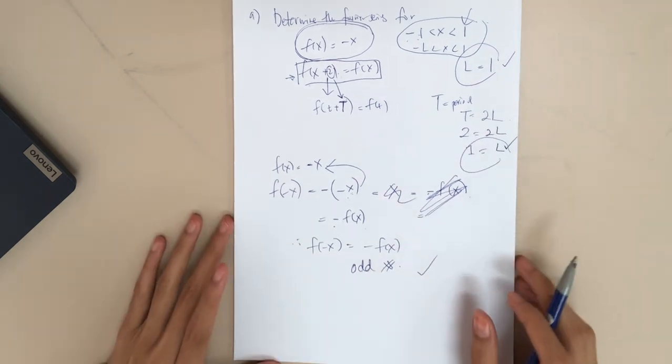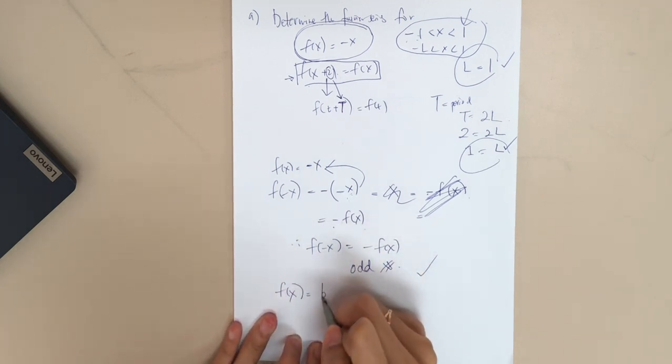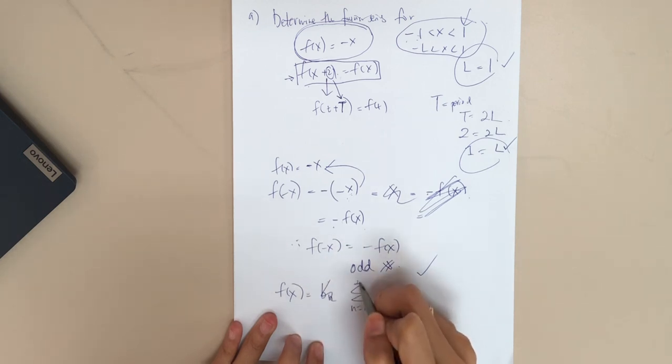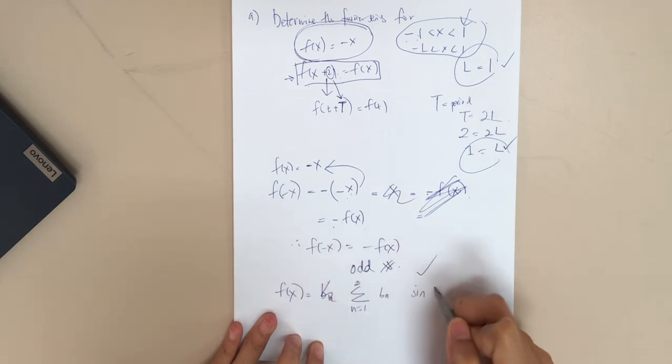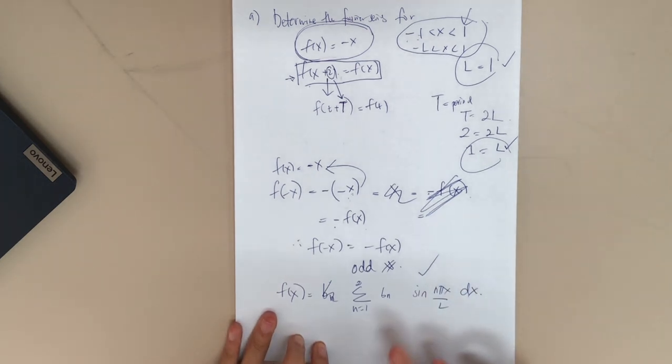To make it clear, just write down your equation again. It means you need to calculate only bn sin n pi x over L dx. So this is what we need to calculate.